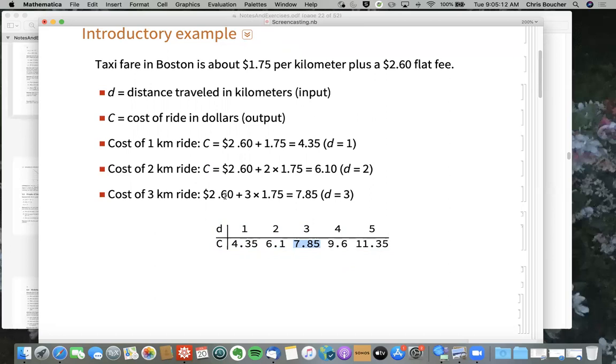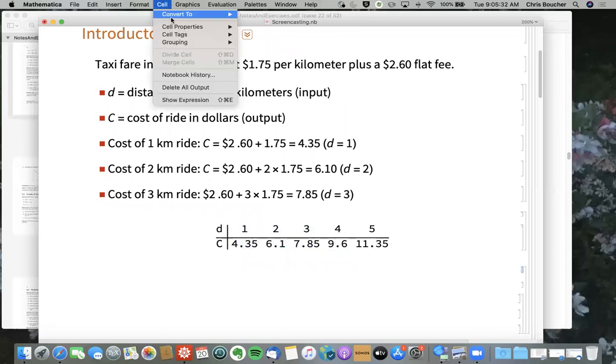I haven't shown the calculations, but if you did this for D equals 4 and D equals 5, you get these values in the last couple columns. So what you're doing when you do this exercise is generating an input-output table for the function. But again, from here is where we can see the general pattern.